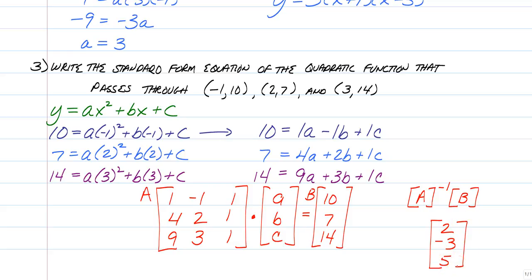And of course that represents A, B, and C. So now we have our A, B, and C values. So the answer to this question, after all of that work, we just have to write the standard form equation, which is y is equal to 2x squared minus 3x plus 5.